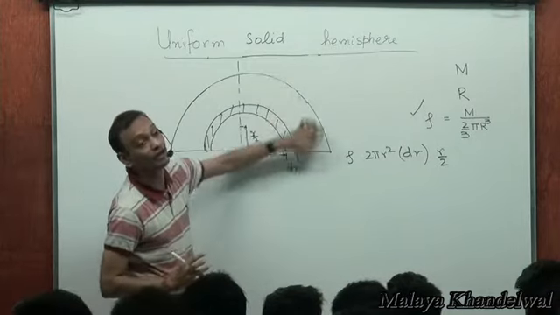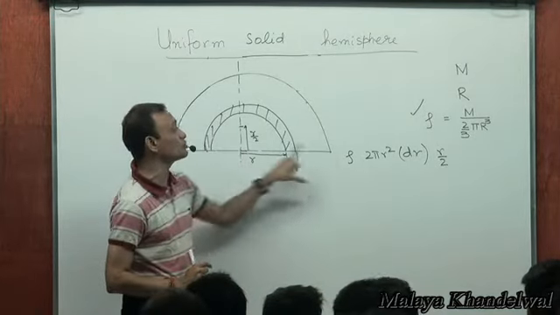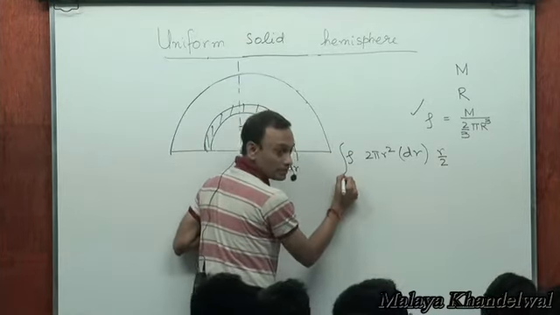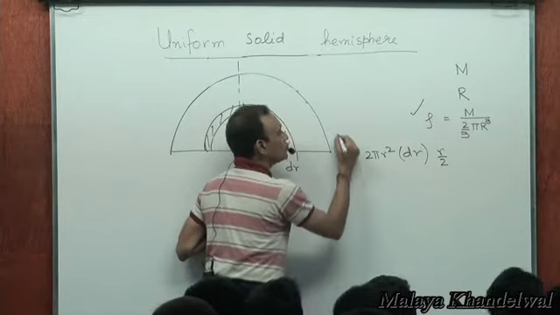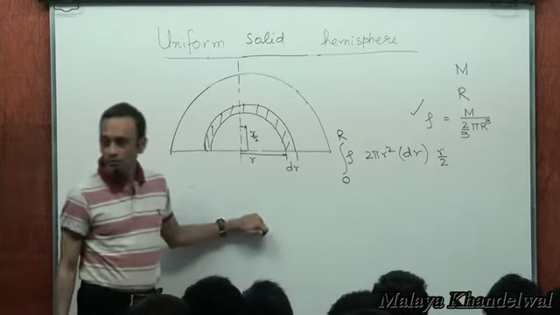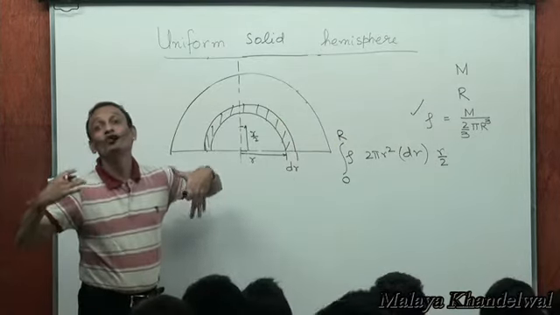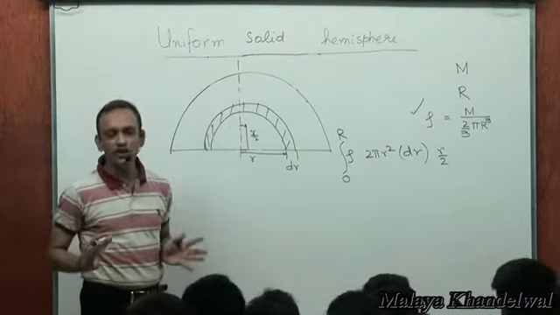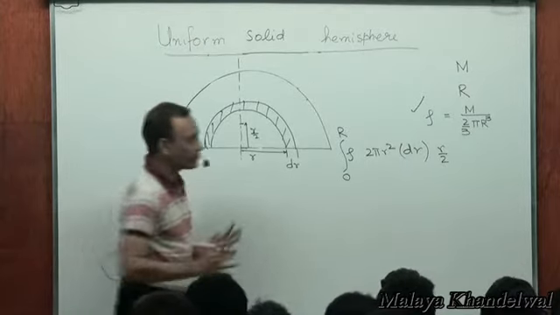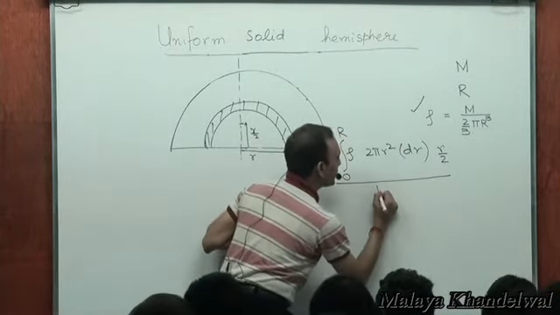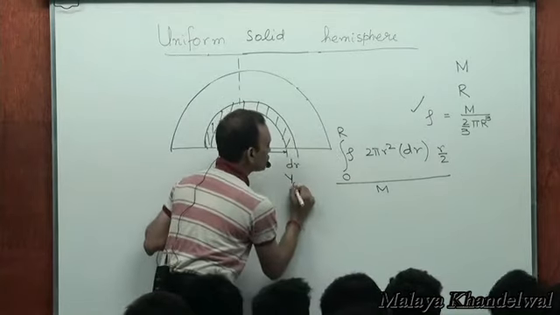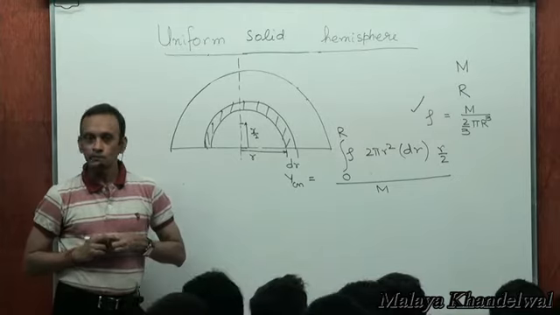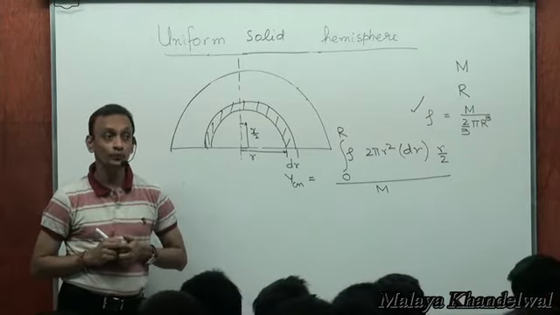I want to do that for all elements starting from small r equal to 0 to small r equal to capital R. So I want to sum it up by varying small r from 0 to capital R and then divide by the total mass. So this is the sum of all the y into dm's that constitute this solid hemisphere, right? Divide by the total mass m will give me y of the center of mass of the solid hemisphere. Yes or no?